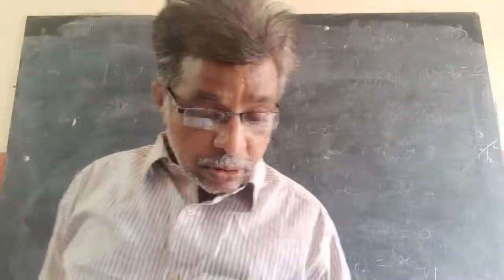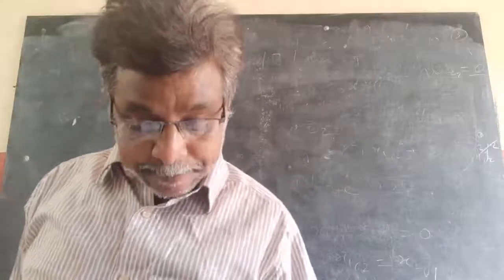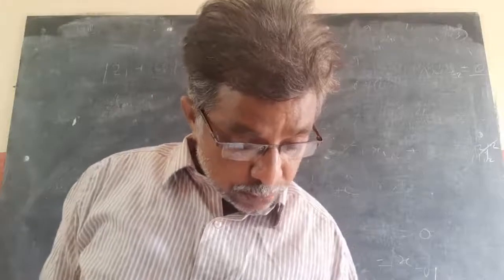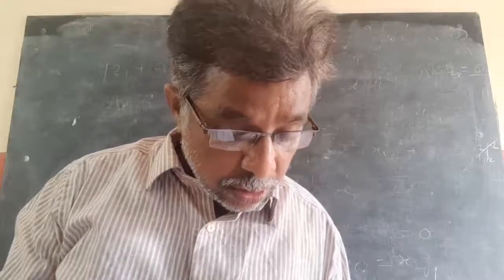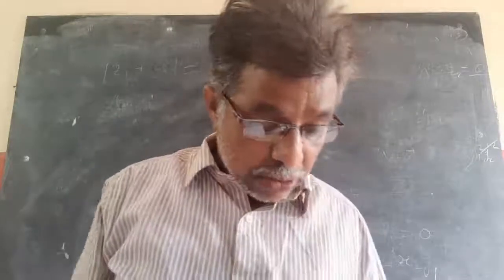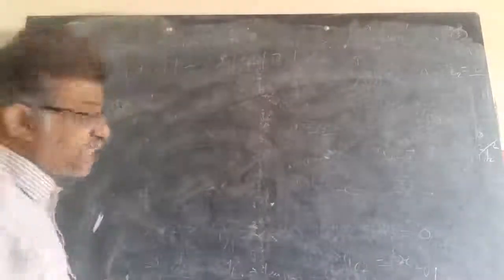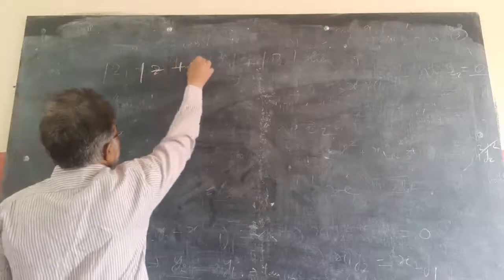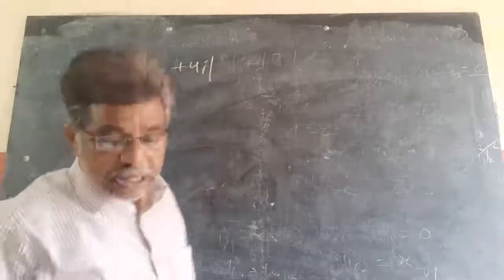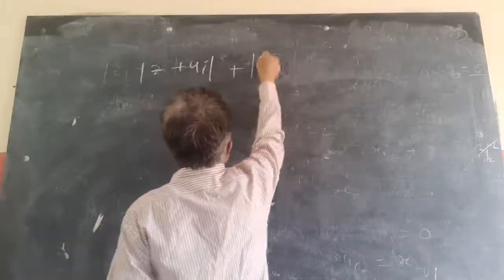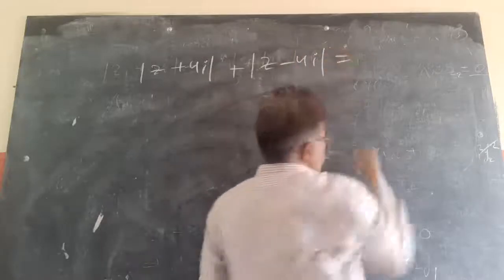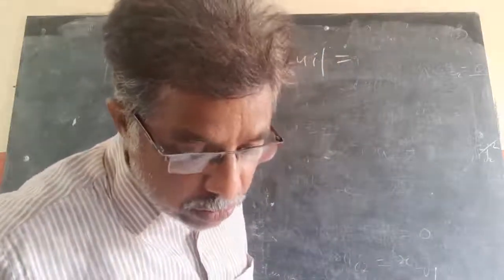Next one. Find the locus of z if modulus of z plus 4i plus modulus of z minus 4i equal to 10.